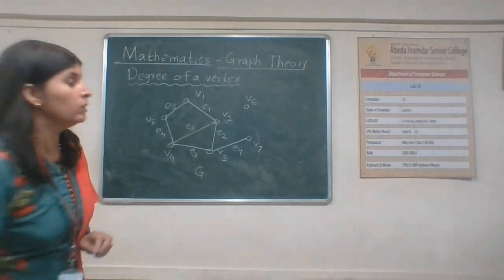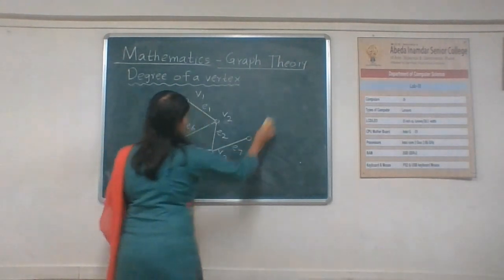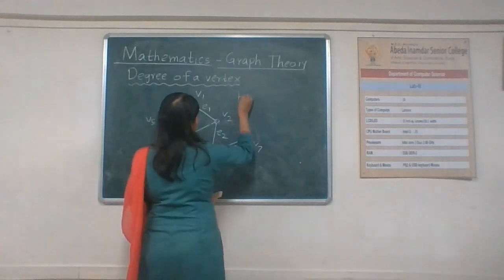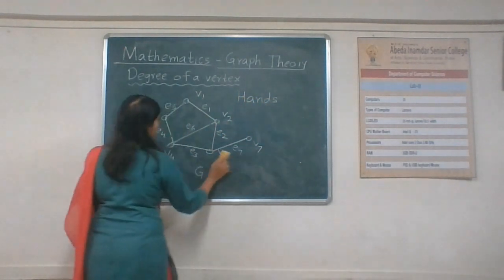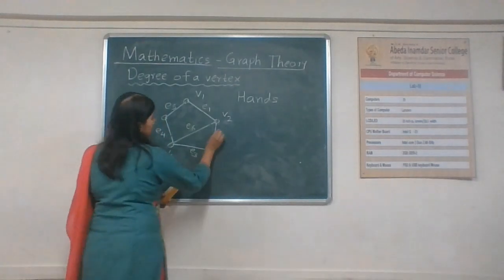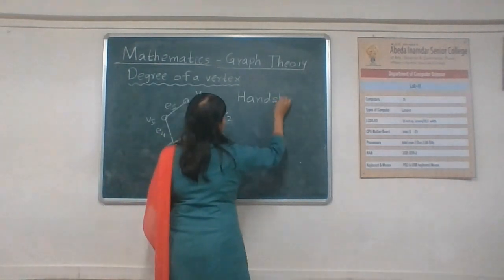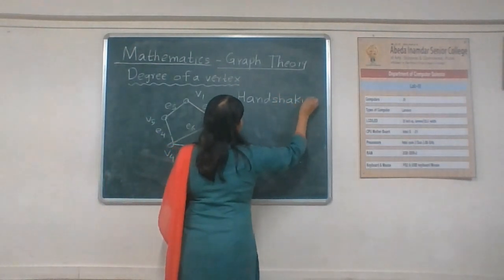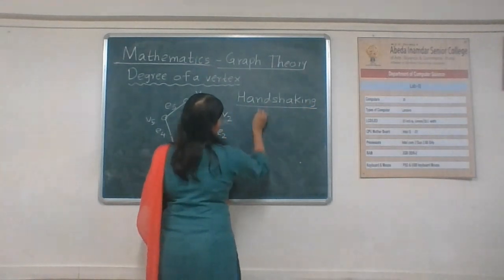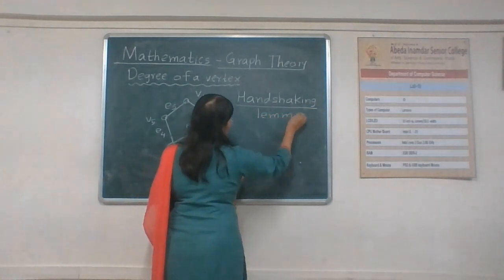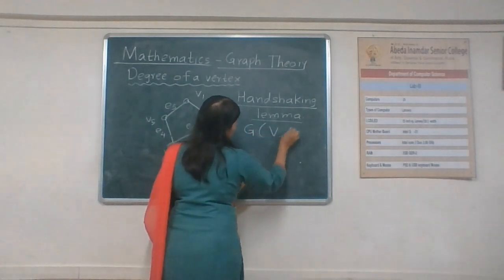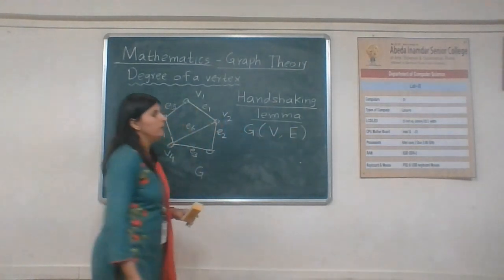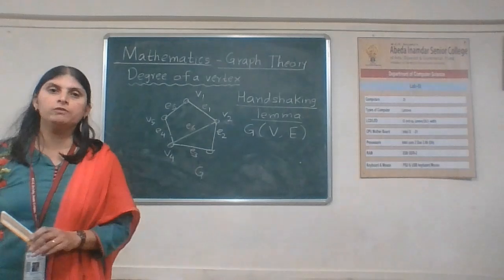Now see one of the important lemmas from graph theory, that is the handshaking lemma. What is the meaning of the handshaking lemma? Now I am considering one undirected graph G = (V, E). So V is the vertex set of that graph and E is the edge set of that graph.